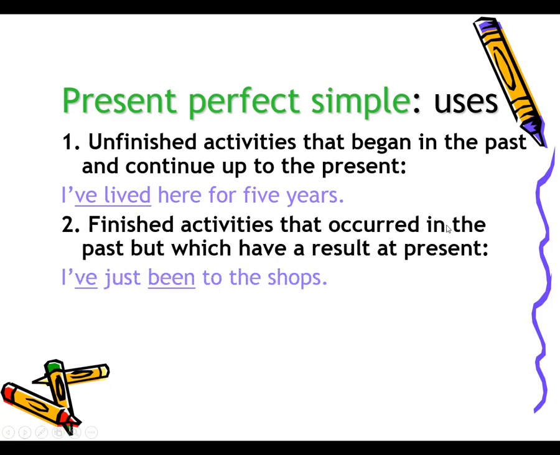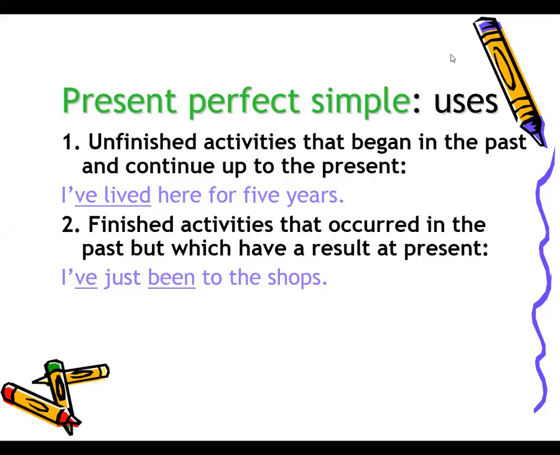Finished activity that occurred in the past but which has a result in the present. Usually we use present perfect tense for this particular use. Something that has happened in the recent past and the result can be seen in the present time. For example, I have just been to the shop. It means you have bought something and you still have something with you.